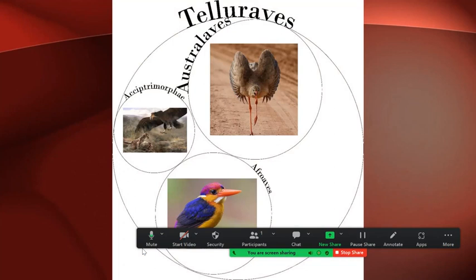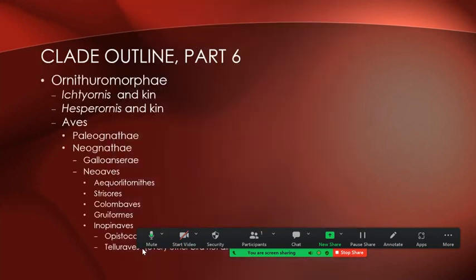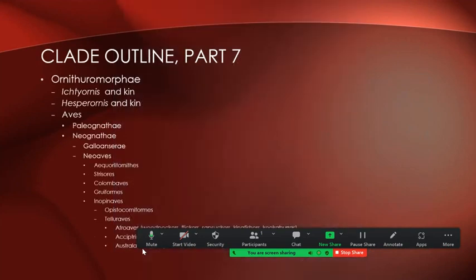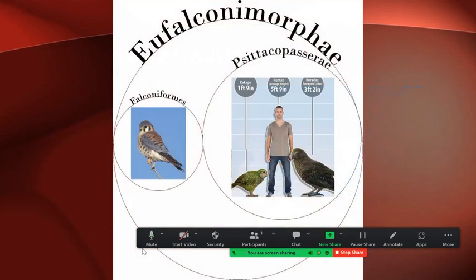But what we find when we look at the way that they're put together in detail and when we look at their genetics is that falcons, despite looking very hawk or eagle-like, are not particularly closely related to either group. In fact, falcons seem to be more closely related to songbirds and parrots. They are essentially a member of the songbird/parrot lineage that has convergently evolved to look like a hawk, which is a pretty crazy thing to be able to do.